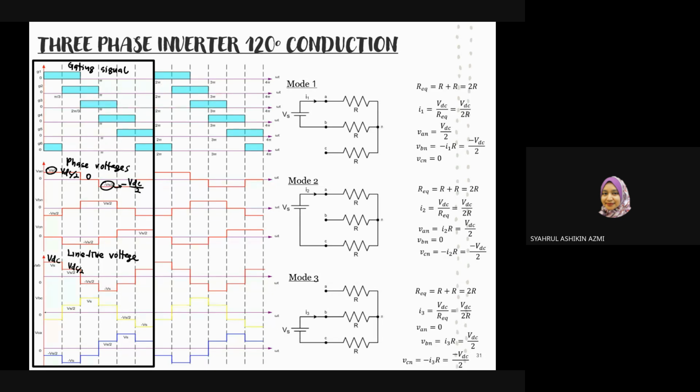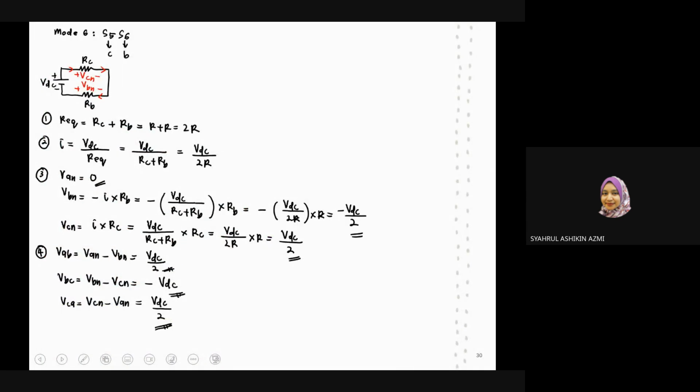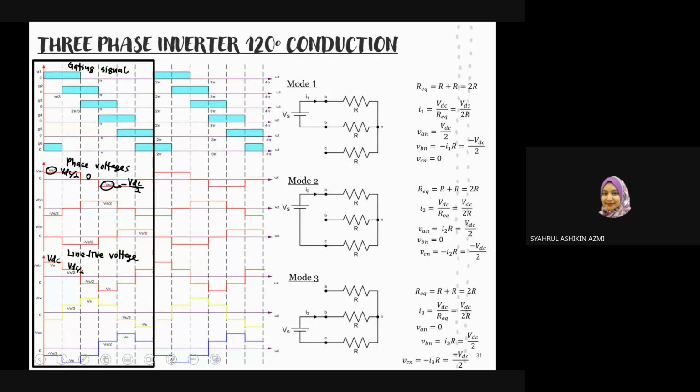You can find these levels of the phase voltage and line to line voltage using all the levels that you have calculated in each of the modes from mode 1 to mode 6. Again, the same thing. This one here is mode number 1, mode number 2, mode number 3, mode number 4, 5, and 6, completing one cycle.